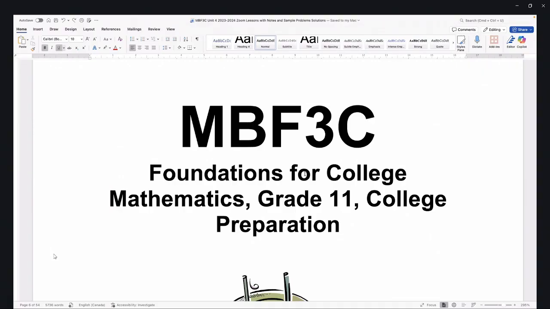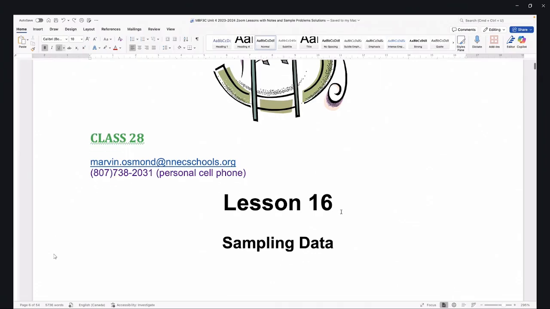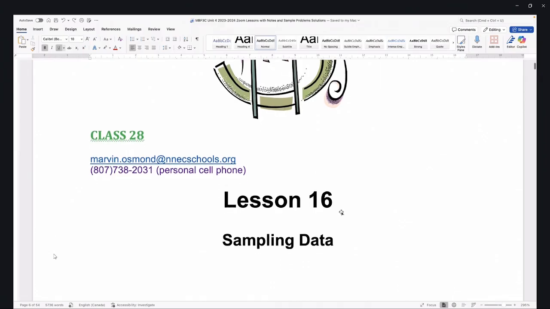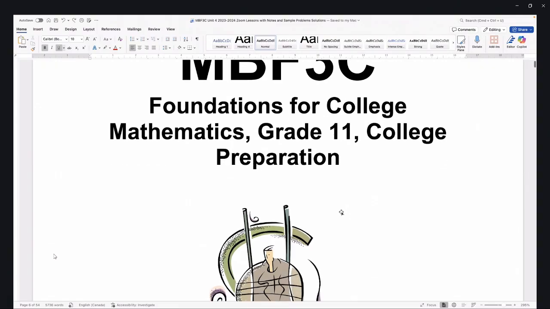So the next unit and the last unit is titled Data, Sampling Data, or Data Management. So this unit is all about data management, or another word for statistics. We're going to be looking at statistics and how statistics can be used, and they are used a lot in the real world, and I mean a lot.